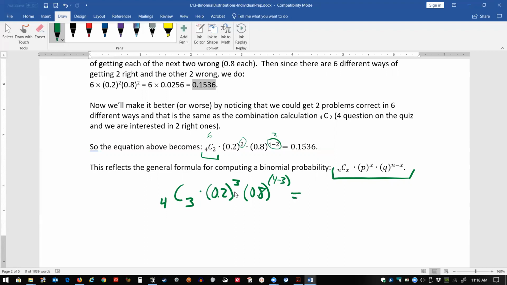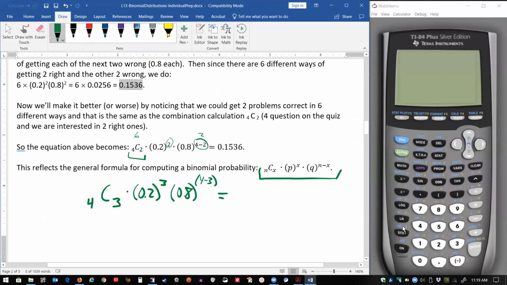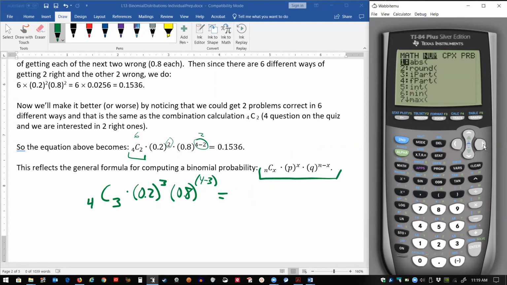And now we can compute that. You could punch in that formula with your calculator's help. We taught you how to do combinations on there, right? So go to the math and probability menu for nCr. 4 choose 3 times 0.2 raised to the power of 3.